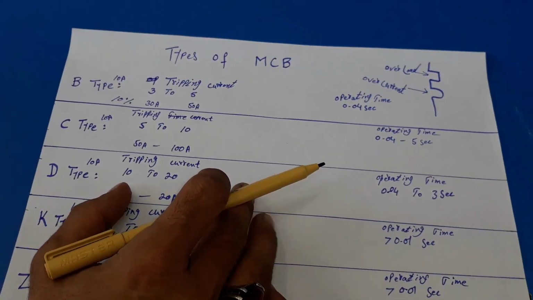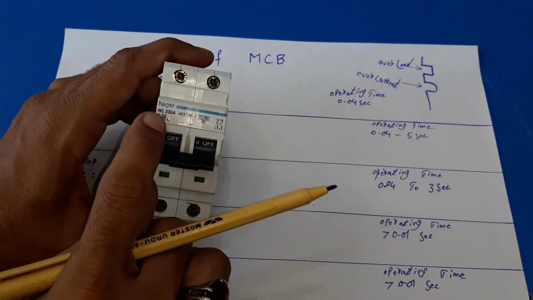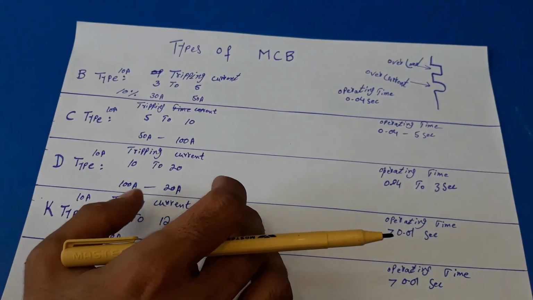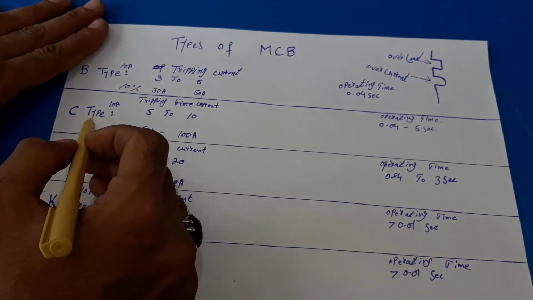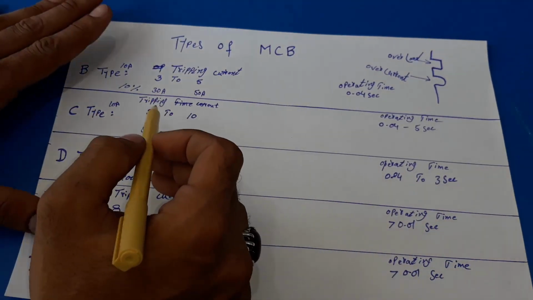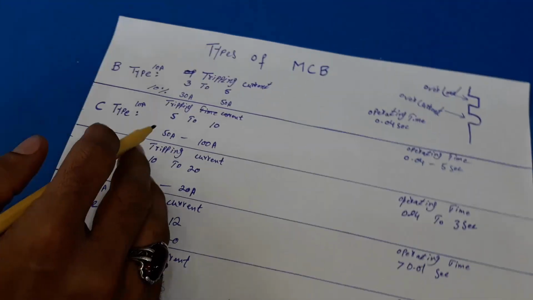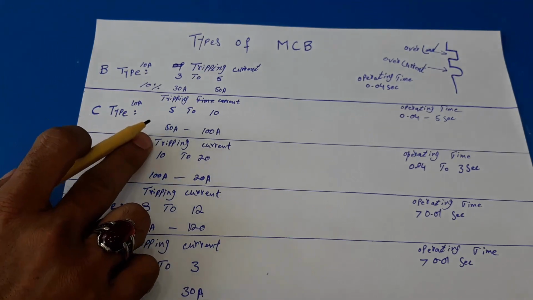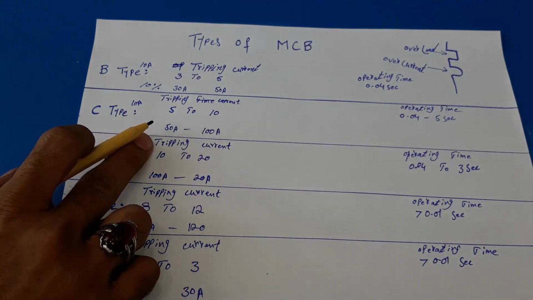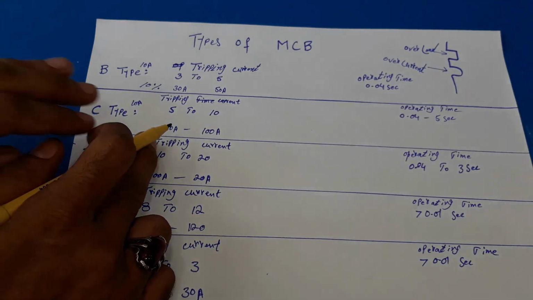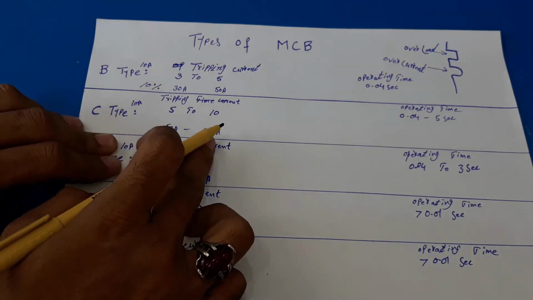If we discuss the C-type MCB, this one is a C-type MCB. Here we take 10 ampere in the C-type MCB. The tripping current in the C-type MCB is 5 to 10 times, which means 5 times 10 ampere. Then it will be increased to 50 ampere and 100 ampere.